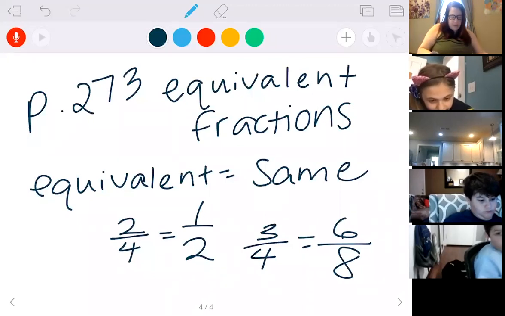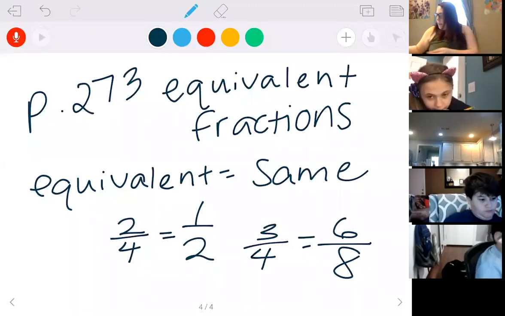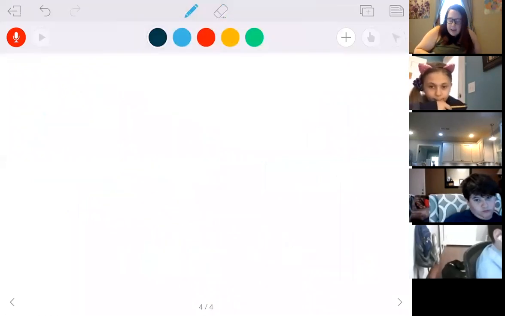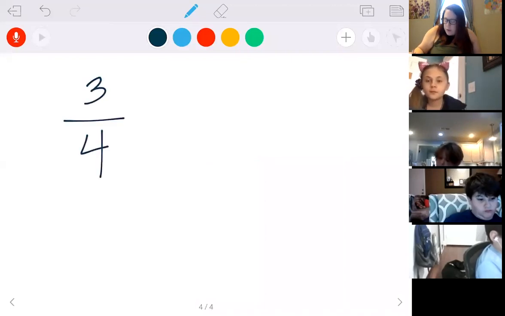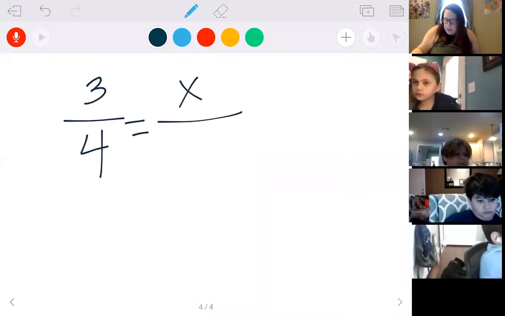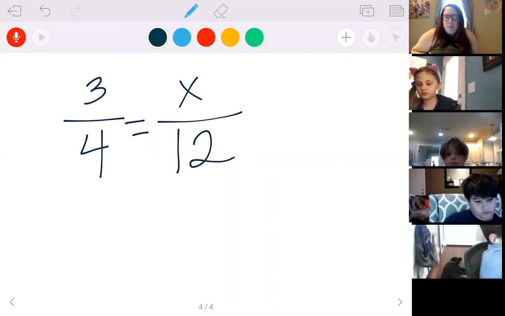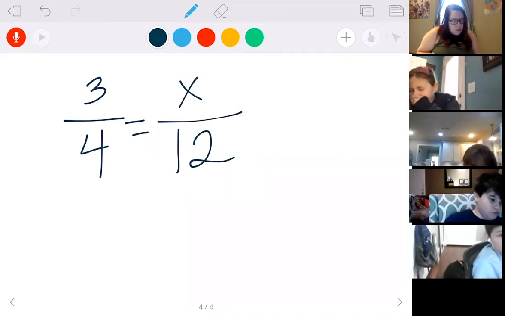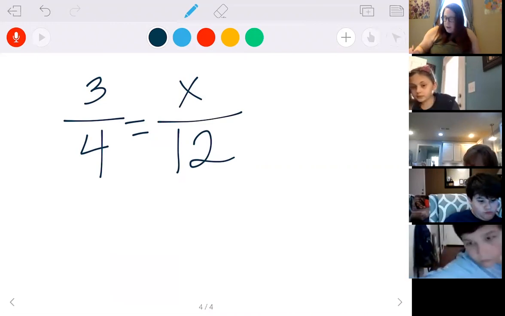Okay, so they don't really give us any examples on this, so I'm going to pull some from the other side. Let's look at 3/4 equals x over 12. Let me show you how you would solve one like this. So look at the yellow ones. Let me see if I can draw it out for you.